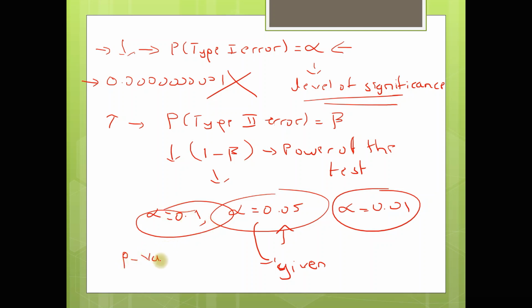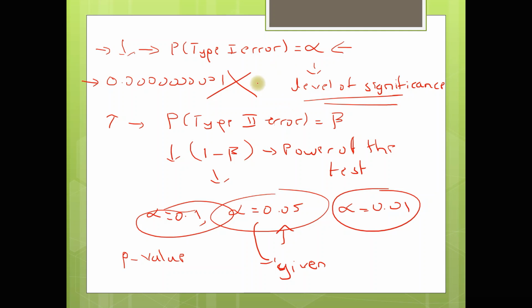I'm going to leave the discussion on the p-value to when I discuss the chi-square test of association. But for the time being, I'm going to do hypothesis testing in the traditional setting, which is the critical value setting, which you would understand again afterward.